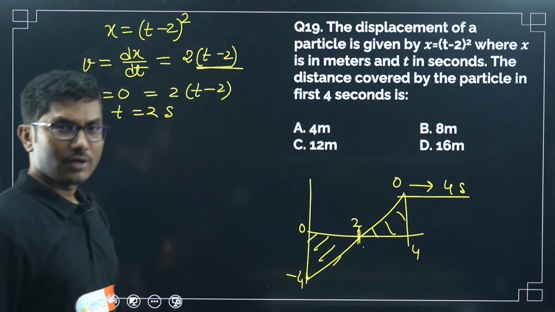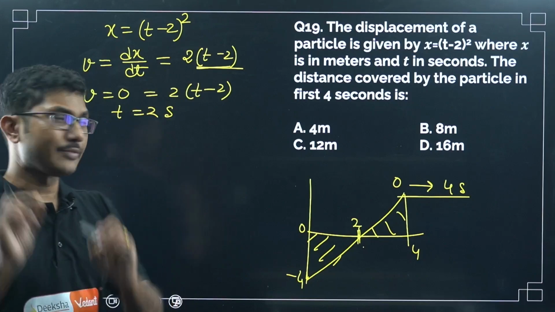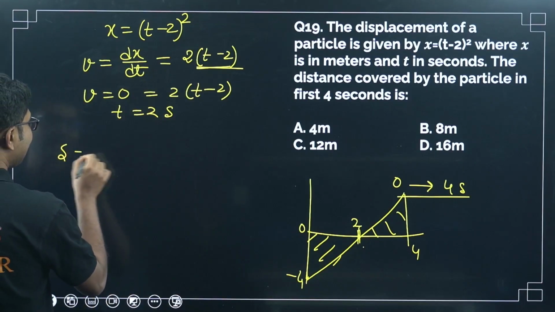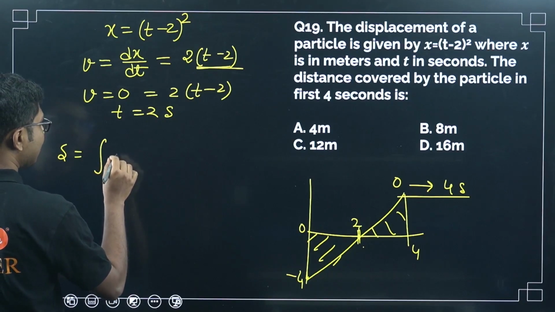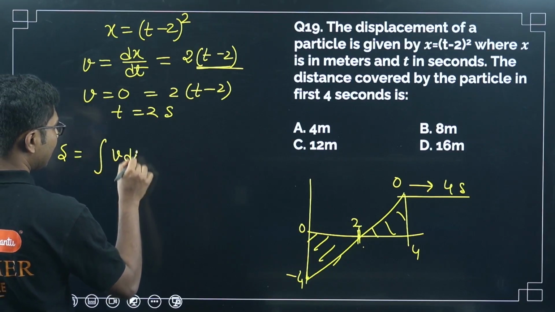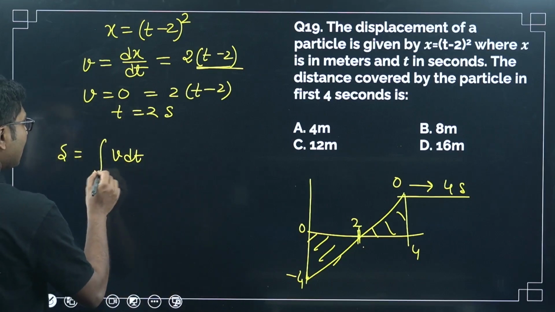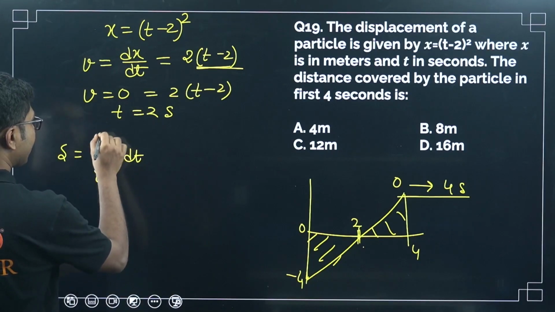You know that displacement is the integral of v dt. Integration of v dt gives you the displacement, from 0 to 4 seconds.